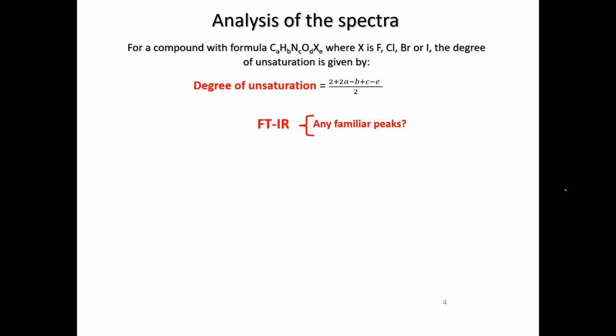Then, normally the first spectrum I look at is FTIR. We just discussed FTIR and familiar peaks. Look for amino groups. I will always give you the formula. Always. There's going to be C, H, and whatever. You calculate your degree of unsaturation, but you also look at, for instance, whether there is nitrogen or oxygen. What do I see from nitrogen and oxygen on FTIR?